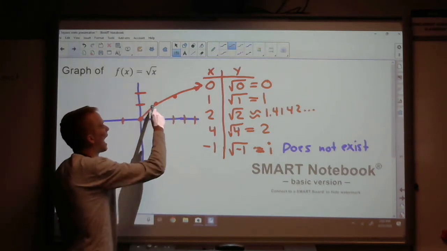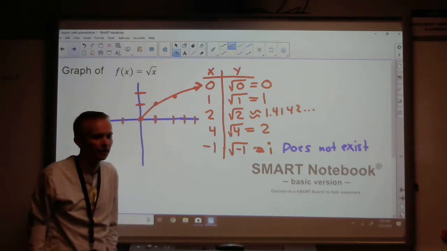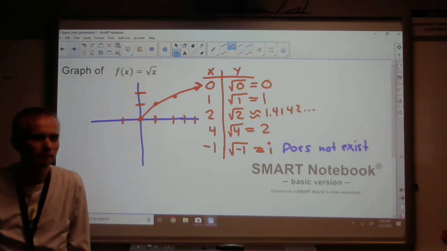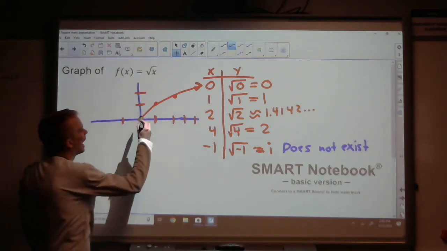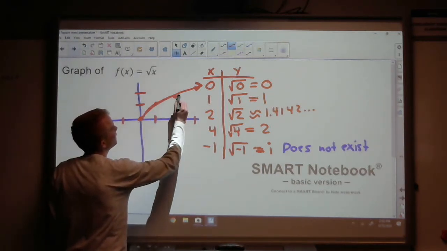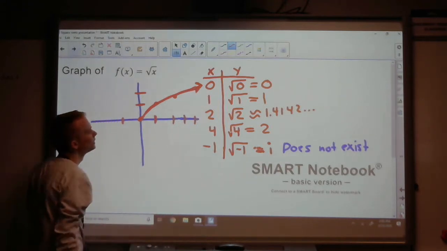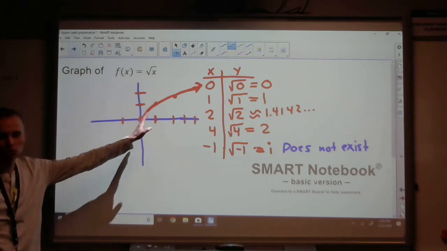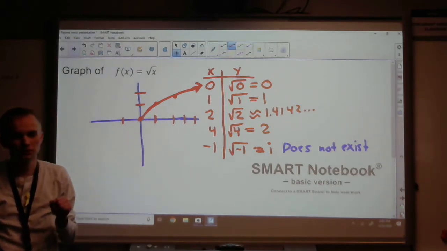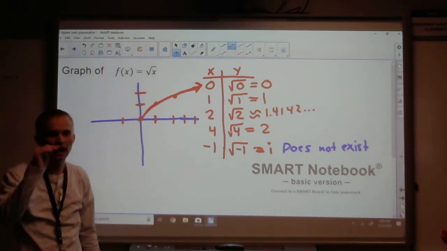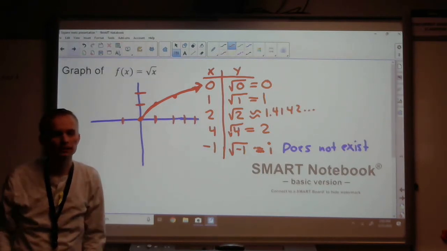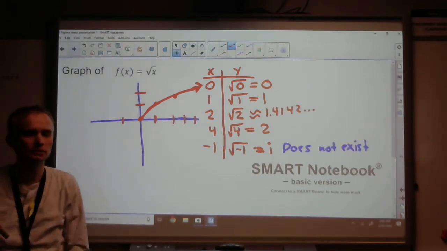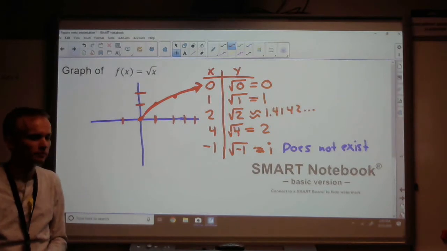It's really half of a parabola laying on its side. Okay? So this is our graph of just the square root function without any transformations done to it. It just looks like this sideways parabola, okay? Just half of a sideways parabola. Okay.